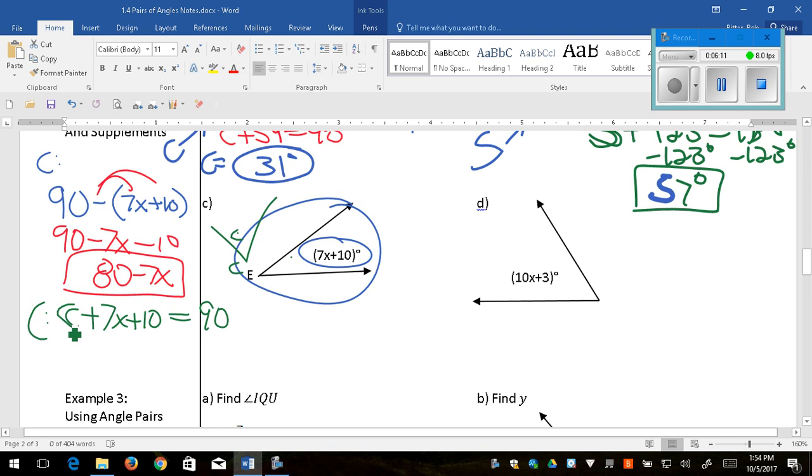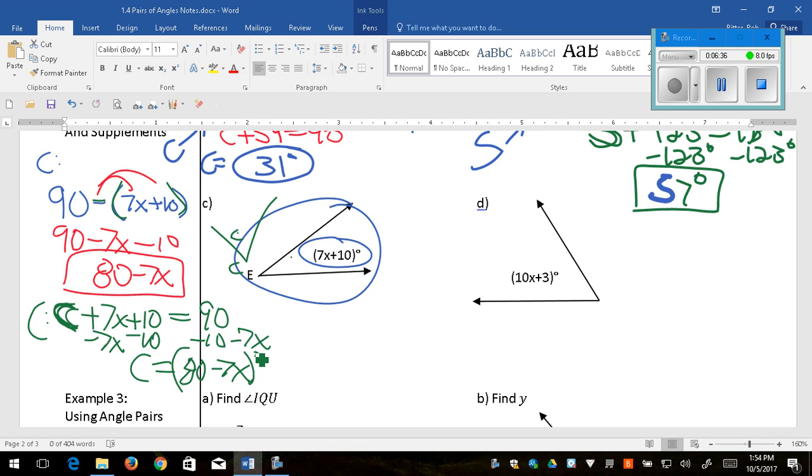At this point, you're now solving for the variable C. So you don't even have to think about subtracting the whole quantity and distributing the negative, because in the solving process, you will subtract the 10 and you will subtract the 7x, getting that your complementary angle is 80 minus 7x degrees.